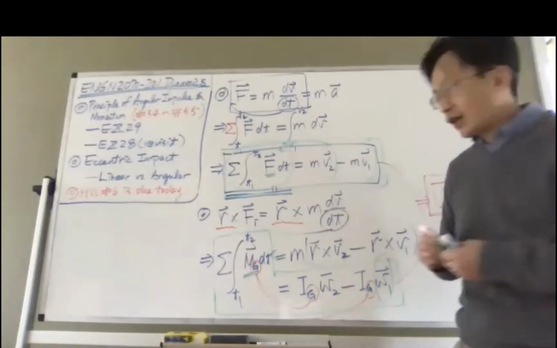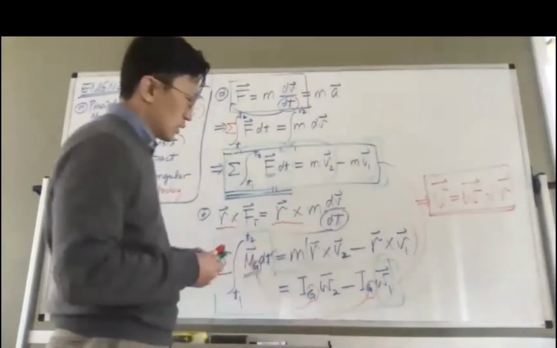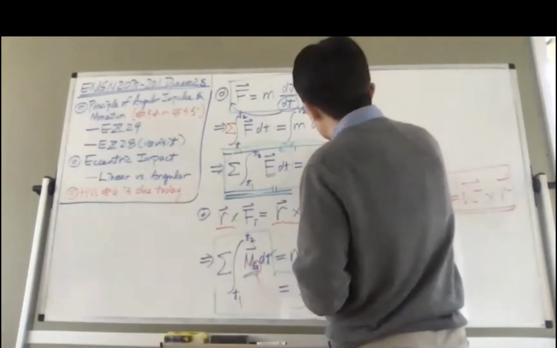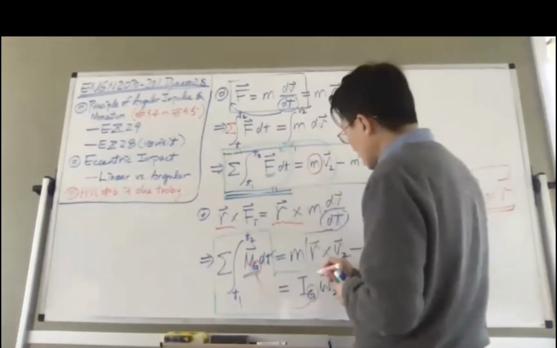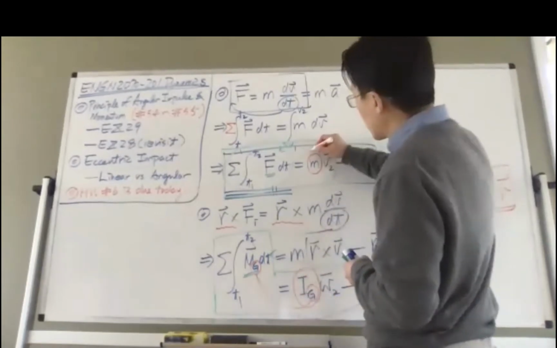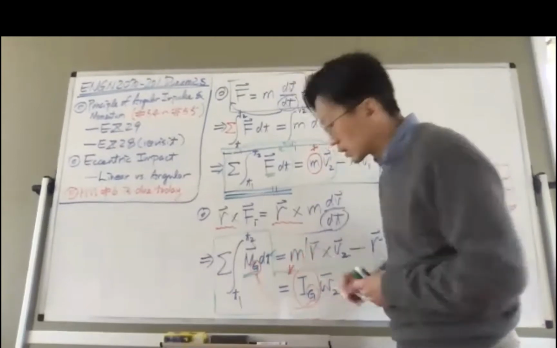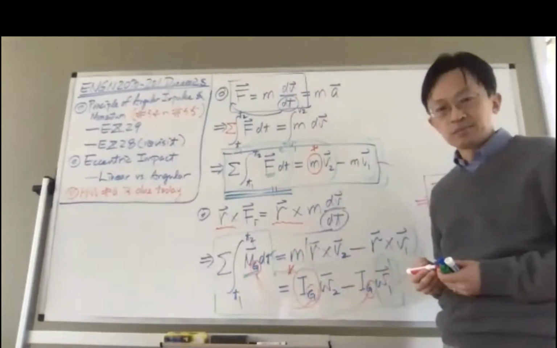Now, only one thing you have to be very careful about is this conversion is also associated with the change of inertia. Linear inertia is always mass, that you know, and angular inertia is mass moment of inertia.